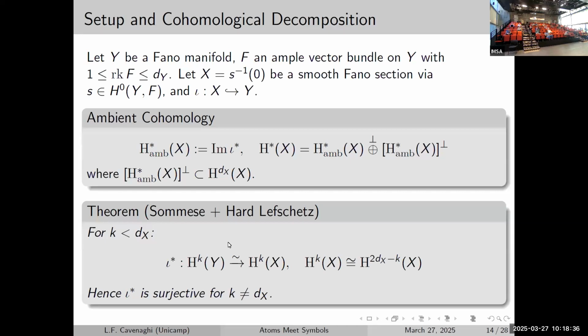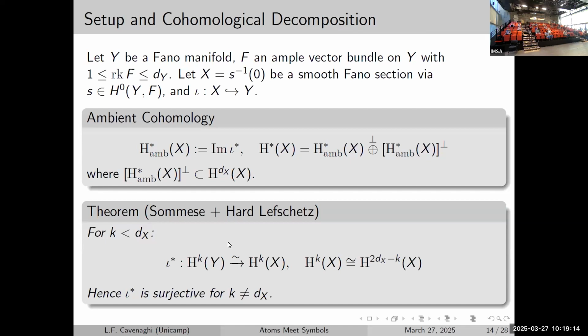One piece of information is that this complement of ambient homology will sit on this X. And the result of Lefschetz and Hard Lefschetz is that if you pick any k strictly less than the dimension of your X, then this map is an isomorphism, and the induced mapping in homology is injective for k different from the dimension of X.